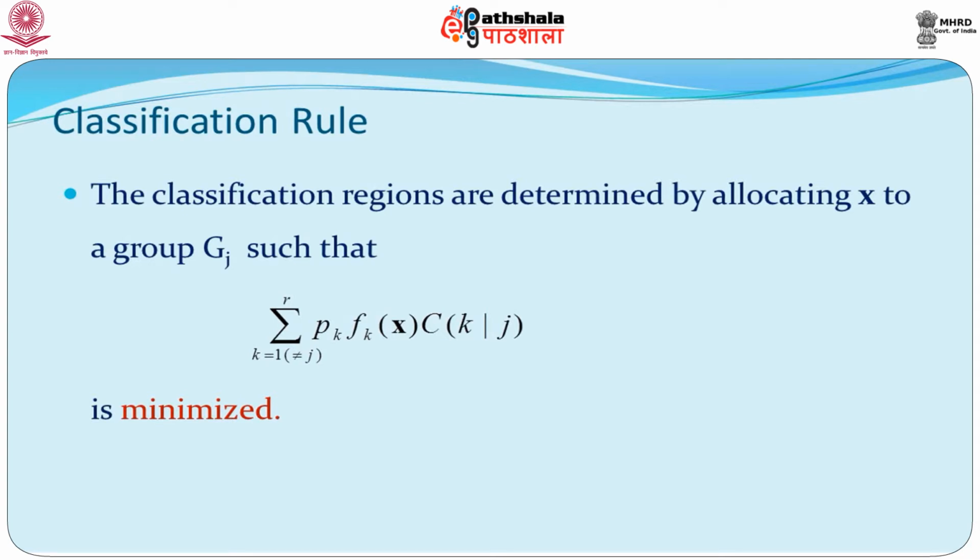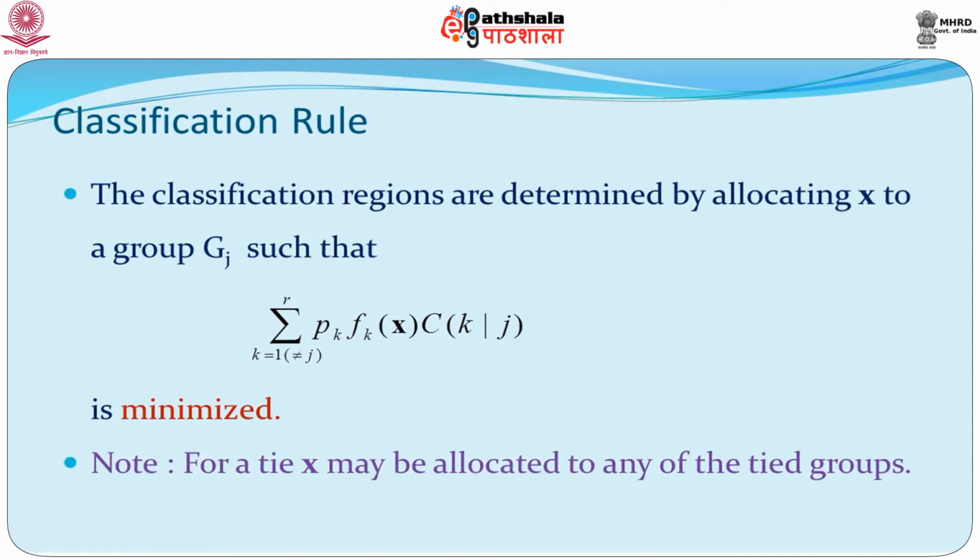So, overall the whole thing gives you the probability that an individual coming from the jth group is classified into the kth group, and you sum this over all k. If this is minimum, then this gives you the best allocation of x into the jth group. If you have a tie, then x may be allocated to any of the tied groups.